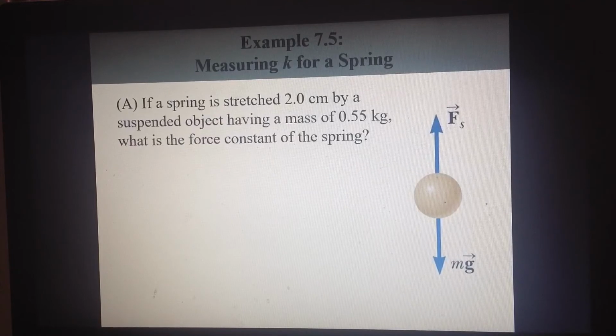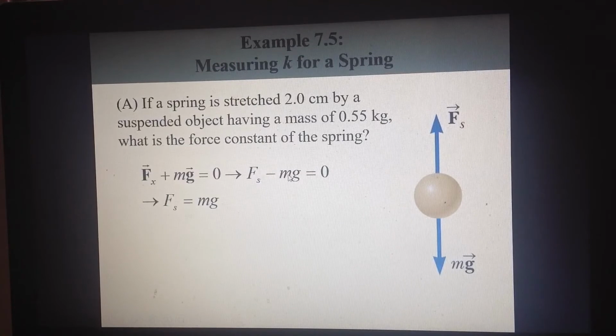So let's assume that the stretch is given by 2.0 centimeters. So a stretch of 2.0 centimeters is produced on the spring whenever a mass of 0.55 kilograms is placed on it. If you want to calculate the k value, you just say that the force of the spring minus the force of gravity has to be equal to 0 when the system is at rest.